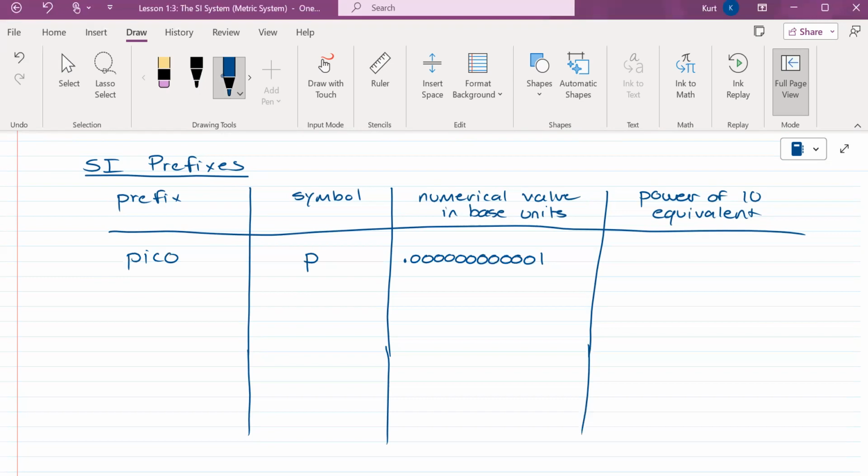Those are 11 zeros followed by a 1 for 12 total numbers after the dot. 1 trillionth. That's a trillion. The power of 10 equivalent is 10 to the negative 12.